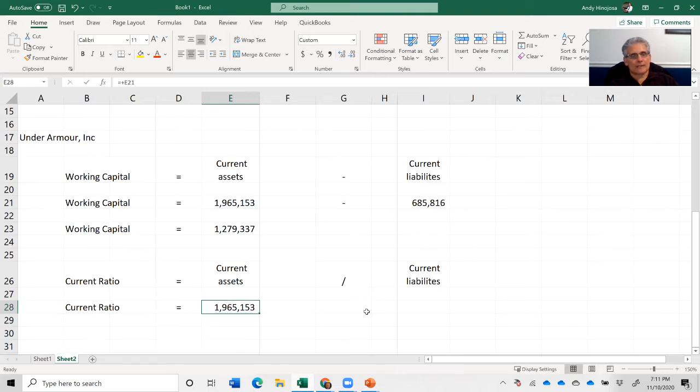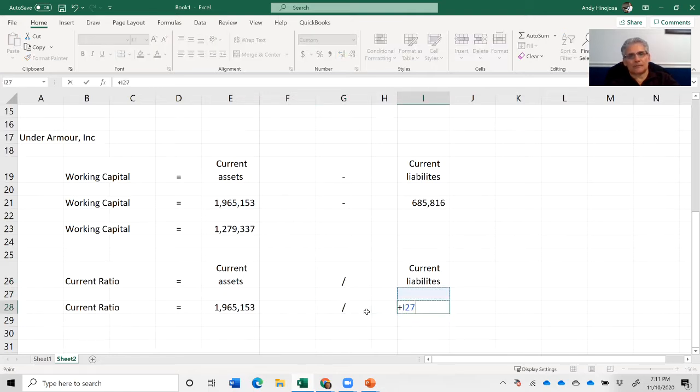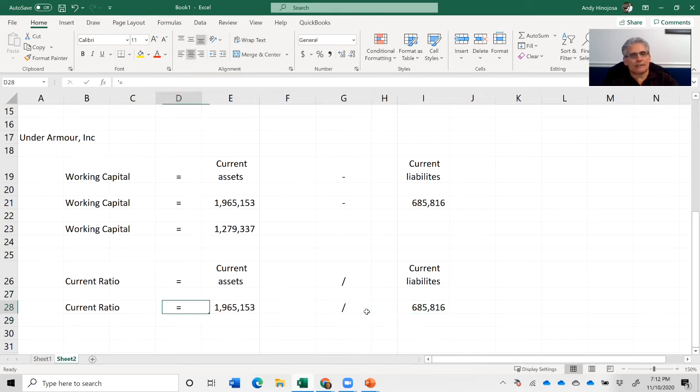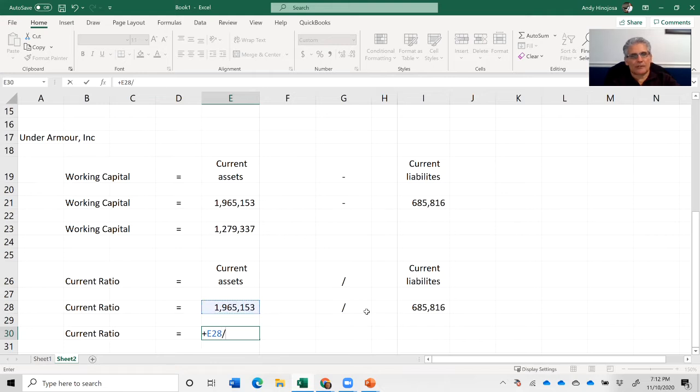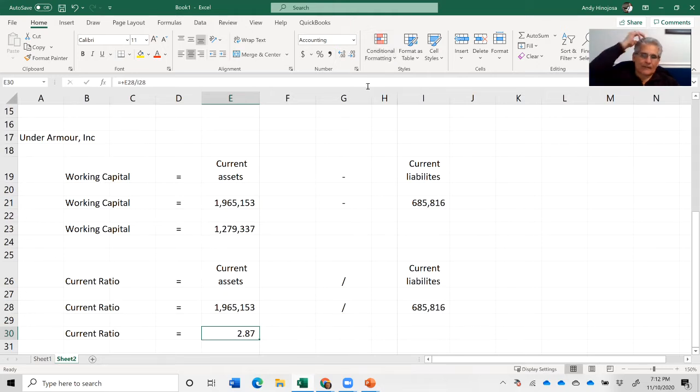So current assets, 1965153 divided by current liabilities, which is 685816. So the current ratio equals this number divided by this number, which is 2.87 rounded to the nearest hundredth.